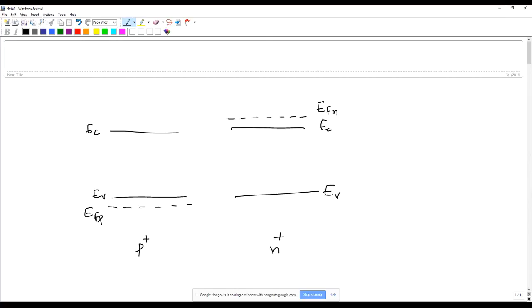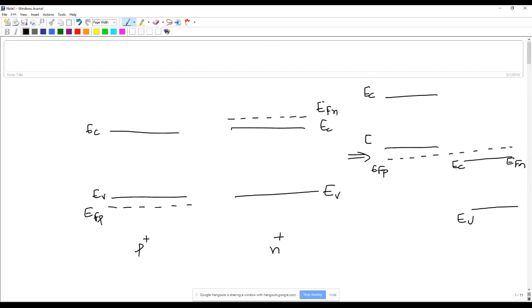Right now both of them are separate. We can then put them together, and when we put them together, once again we say that your Fermi levels must line up. So you have EFP and EFN, and you have EC, EV.